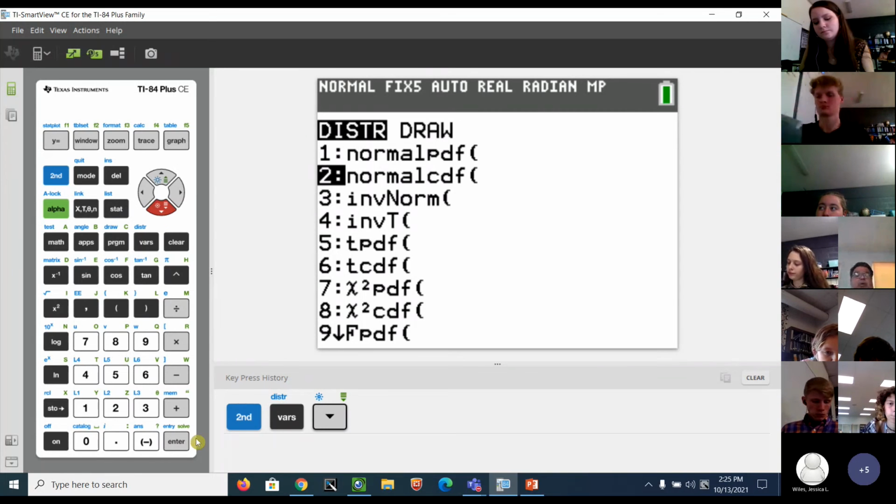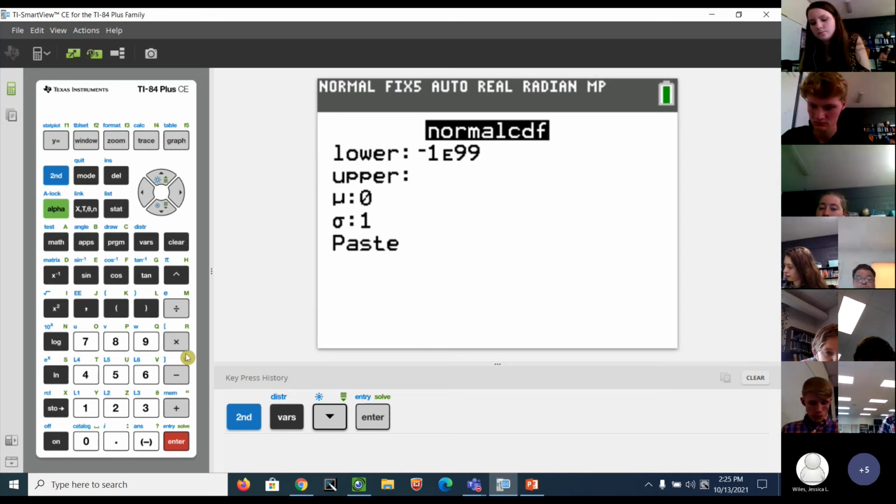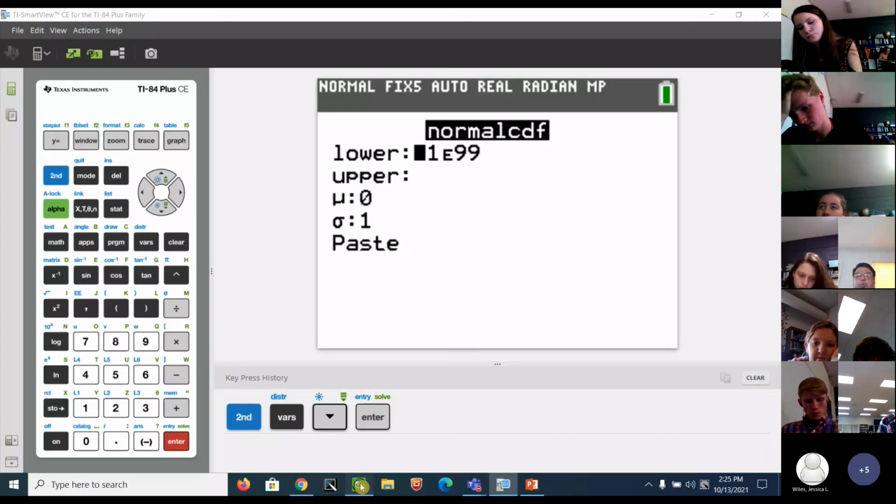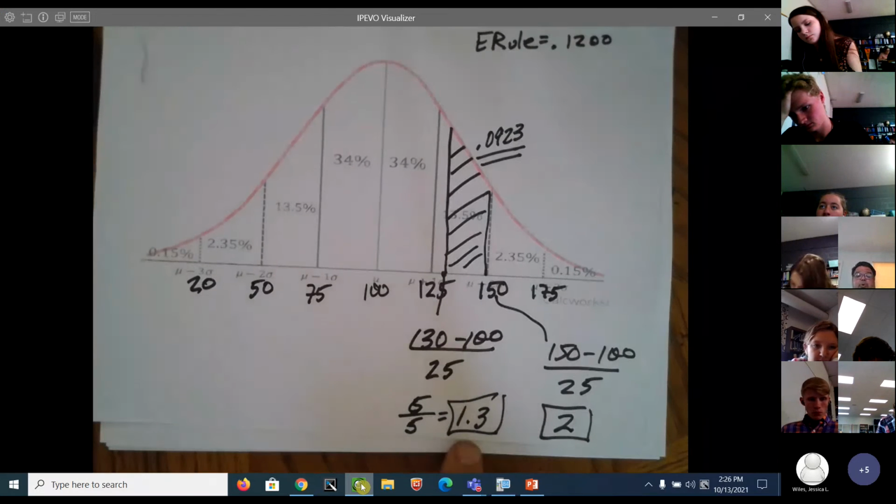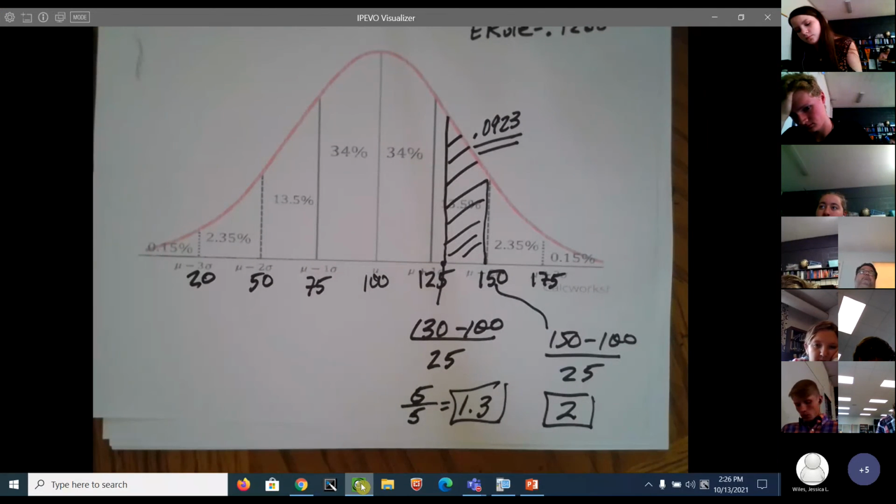And it's going to ask for a lower bound and an upper bound. And in this case right here, your lower bound is 1.3. Because which way do we read, Miss Vincent? Left to right. So that's the lower bound and that's the upper bound.